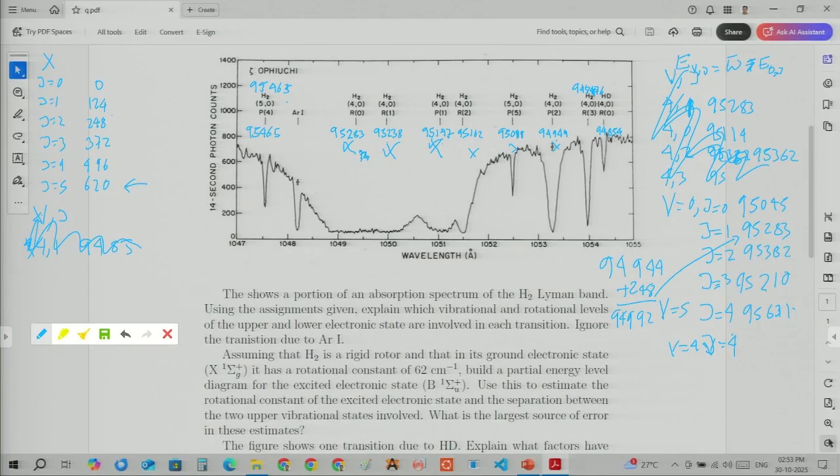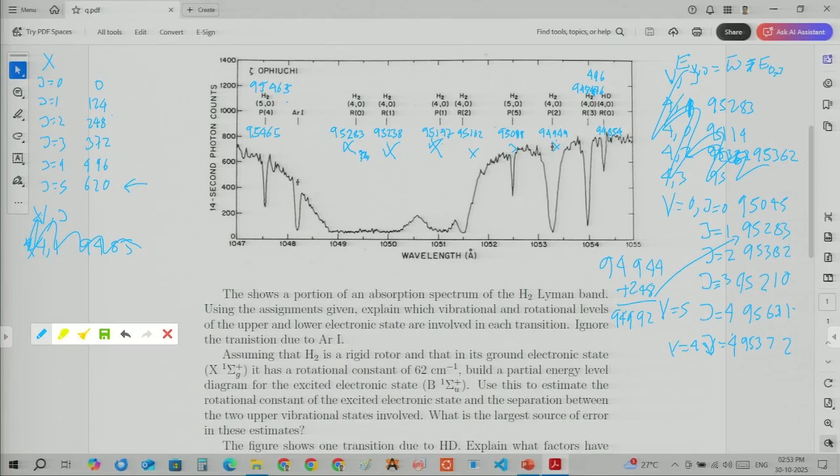So we want to add J equals 3 to that, which is 496. So that gives you 2, 7 carry 1, 5, 3, 9, 5, 3, 7, 2. So these are not a smooth series, so I've got something wrong.